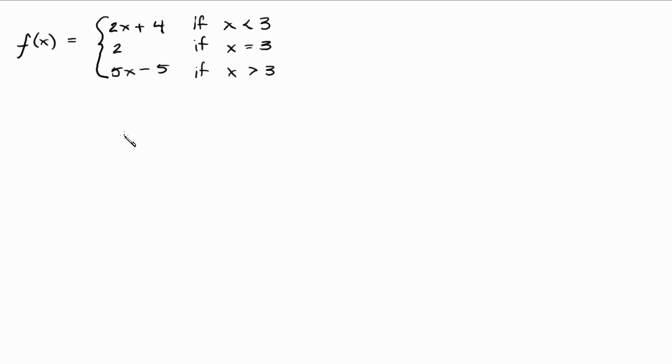And sometimes it seems a little counterintuitive, you know, answering this question based on the information you're given. A lot of people will think, oh, if the limit, here's the question, what is the limit of f of x as x approaches 3? And a lot of people say the answer is 2.